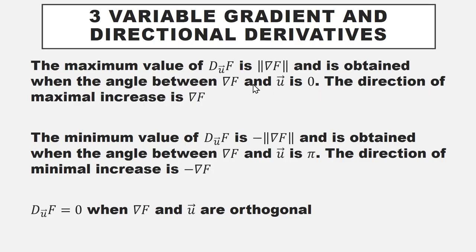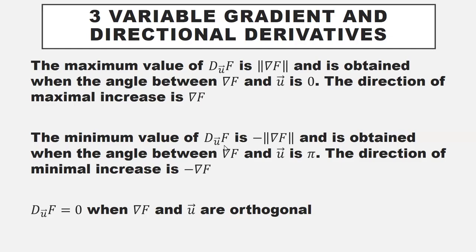They're the same thing, or because we're using a unit vector, this unit vector is just going to be the gradient vector scaled down to have length 1. So when the angle between them is 0, they're parallel. And so the direction of maximal increase is the gradient vector, and we get the maximum value by taking the magnitude of the gradient vector.